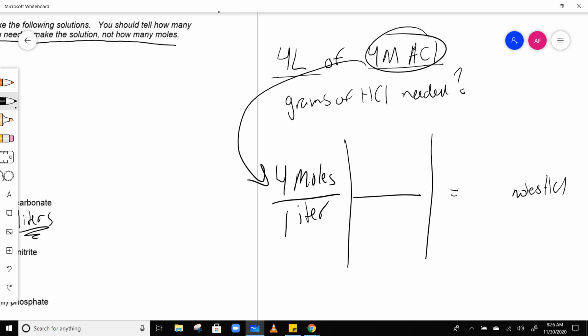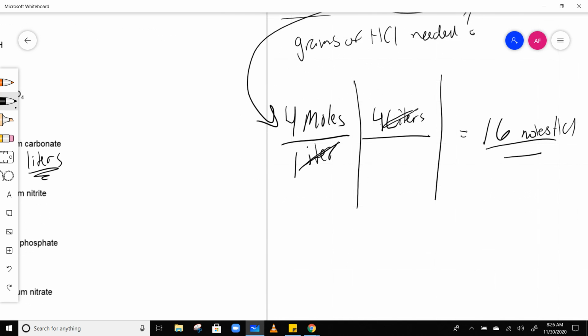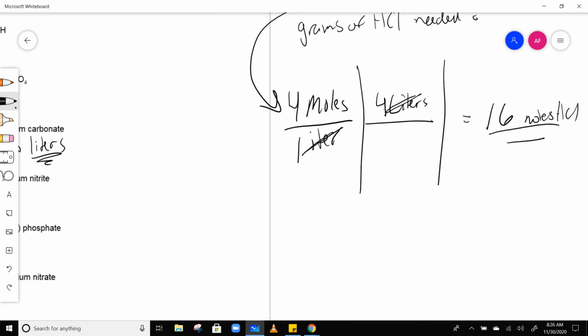It's 4 liters, so the liters will cancel. You get 4 times 4, so you need 16 moles of HCl. But again, we don't want to know moles. We want to know grams of HCl. If I wanted to actually make this solution, how many grams of HCl do I need? If I'm going to take solid HCl and measure it out, how much do I need to make this 4 molar solution?